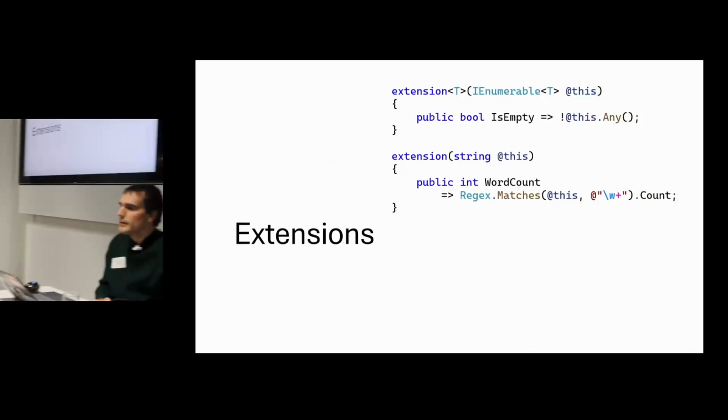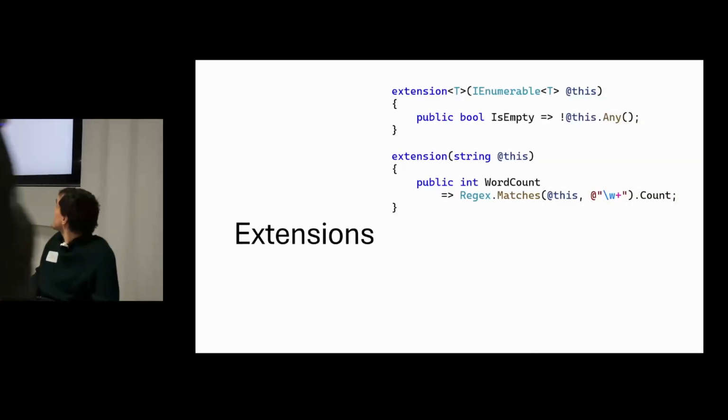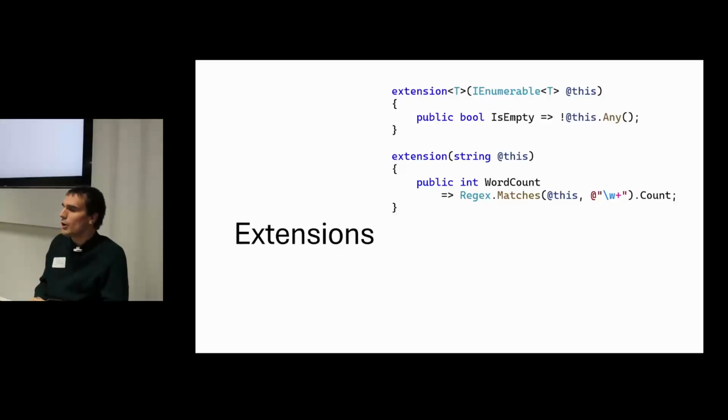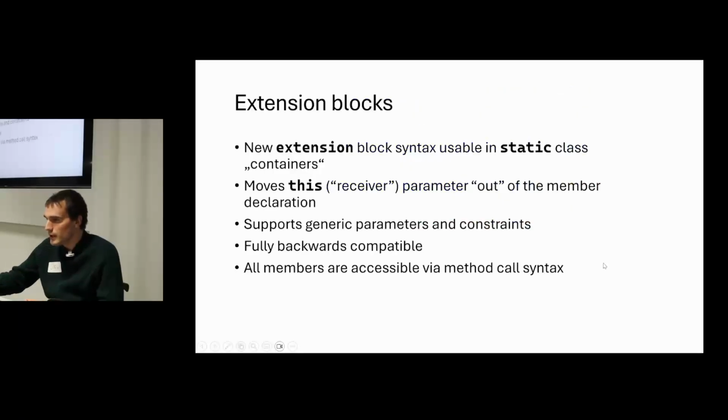Yeah, so on the first slide, you can actually see, okay, that's how extensions look like. I only omitted the static class container that's still necessary, but it's necessary for a good reason. And okay, before I go into the details, yeah, I'll give a quick overview.